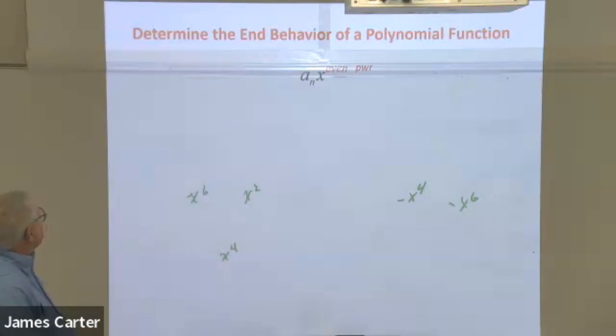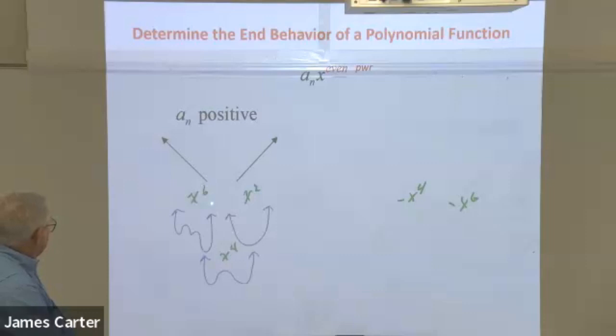Okay, if it's an even power and a positive first term, we've talked about this already. It's going to go up and up. Here's an example of what might be a W6. Here's a W squared, a parabola.